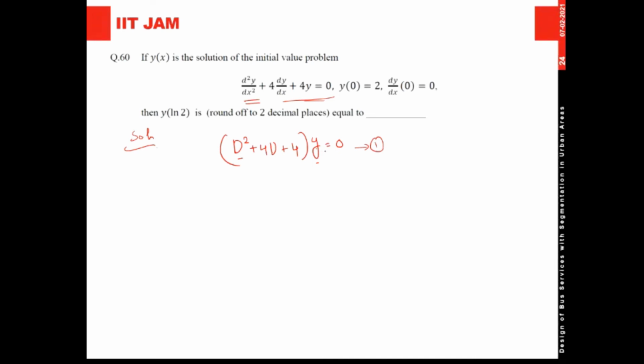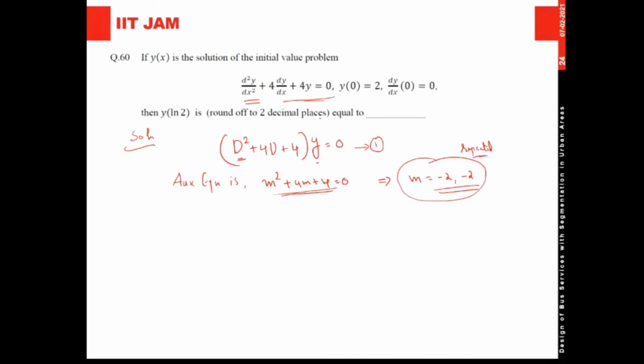I hope you all have gone through these topics, so that's why I am only going through this quickly. So the auxiliary equation is m squared plus 4m plus 4 equal to 0, which implies, if you solve this, m equal to minus 2, minus 2. So these are the two roots, and look, this root is repeated.